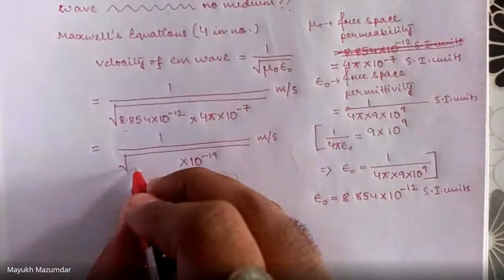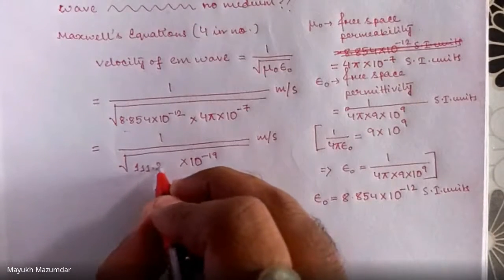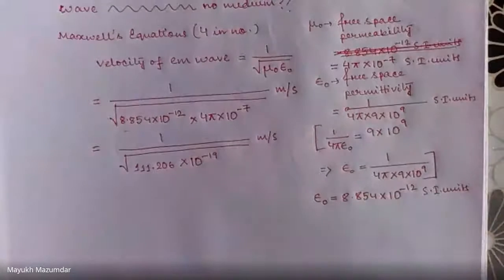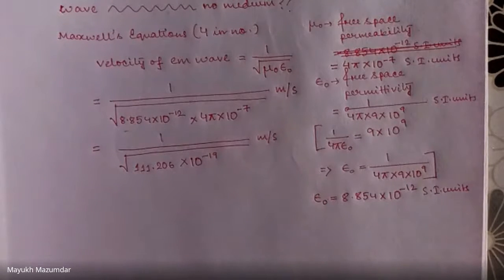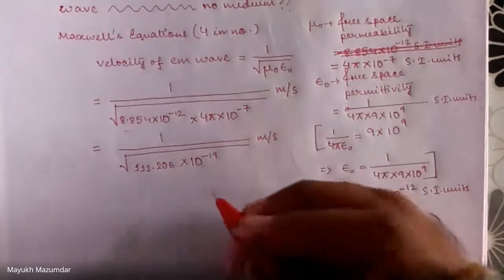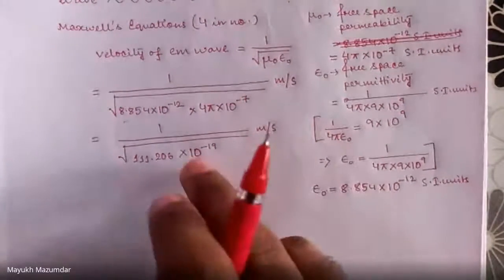So I am getting 111.6 approximately. Okay. Now I have to do the square root of this one. Is everyone getting it? Are you getting the value?